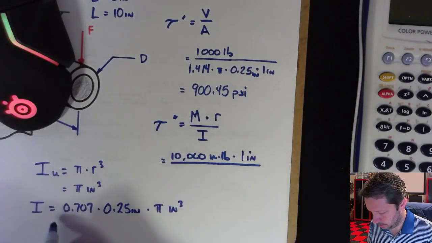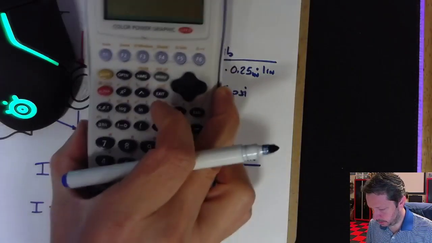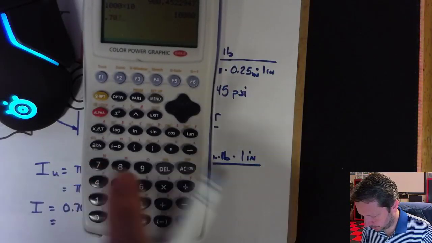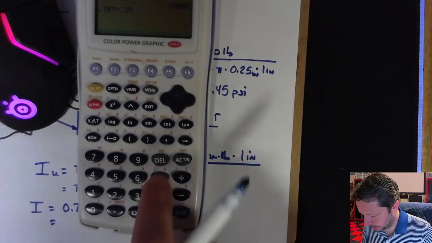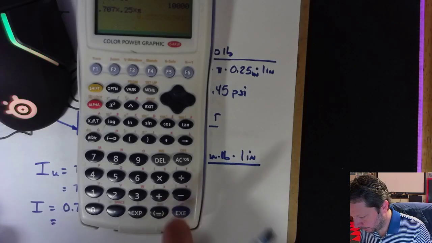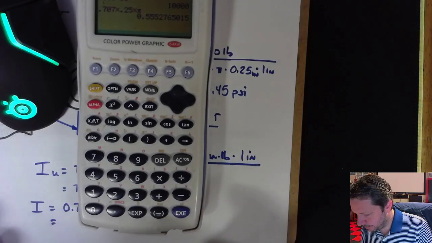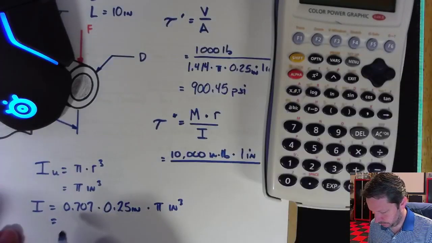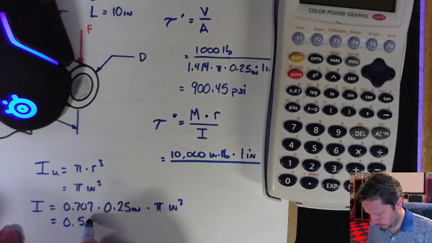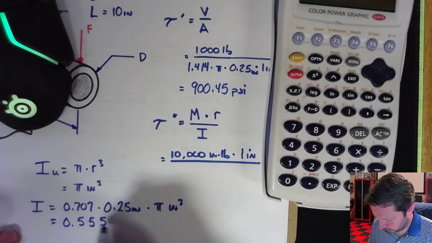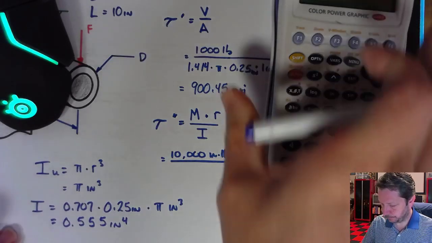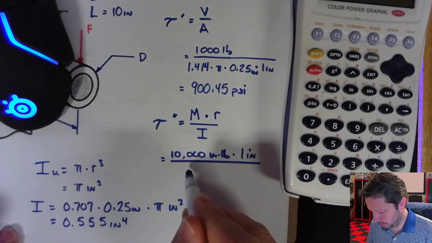So I turns out to be 0.707 times 0.25 times pi, which is 0.555 inches to the fourth.